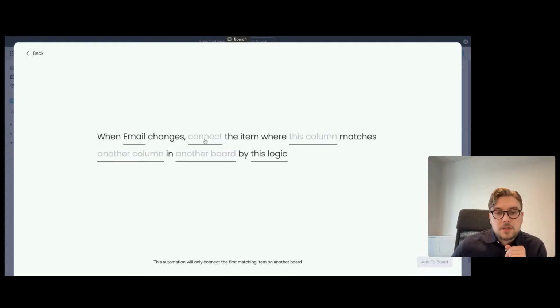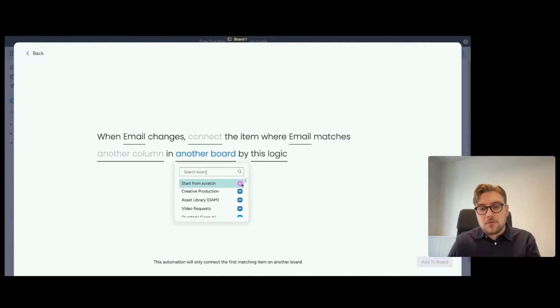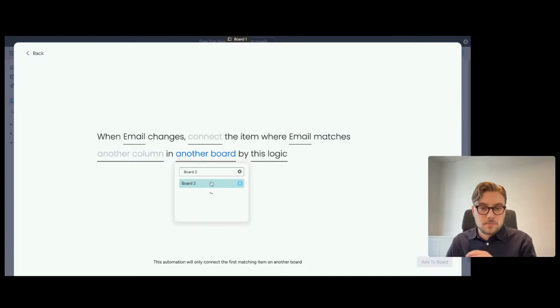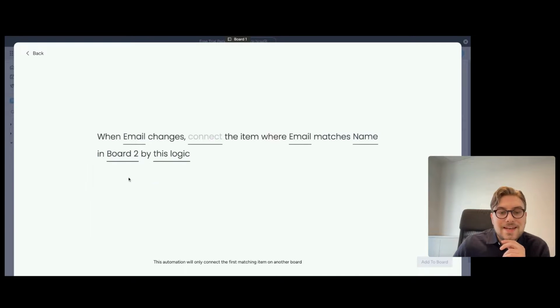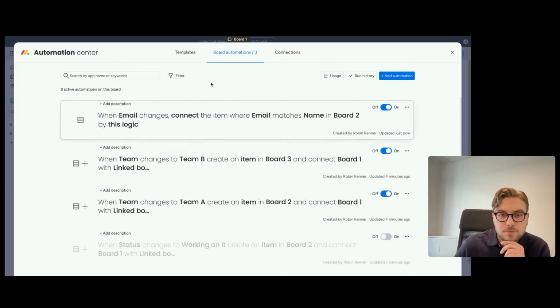When the email changes, we are going to connect the email with the column in, first, the board we assign. Let's say that name for now is going to be the actual email contact information, and we're going to link them up. We add them to the board.